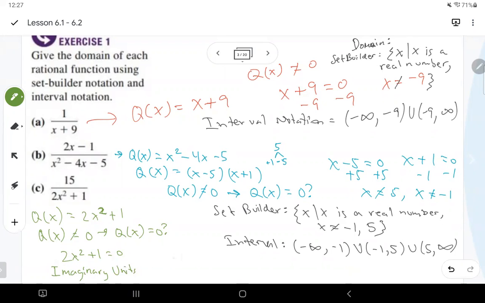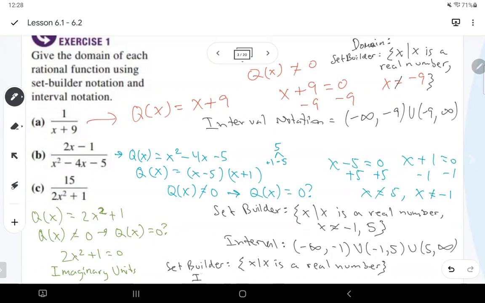So that just means that for this answer, and again, it's because we have an x² situation, the set builder is going to be x such that x is a real number.